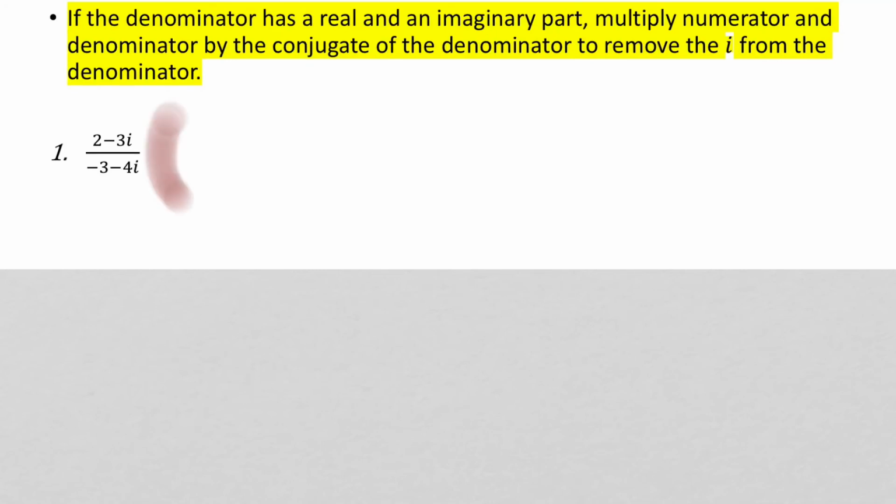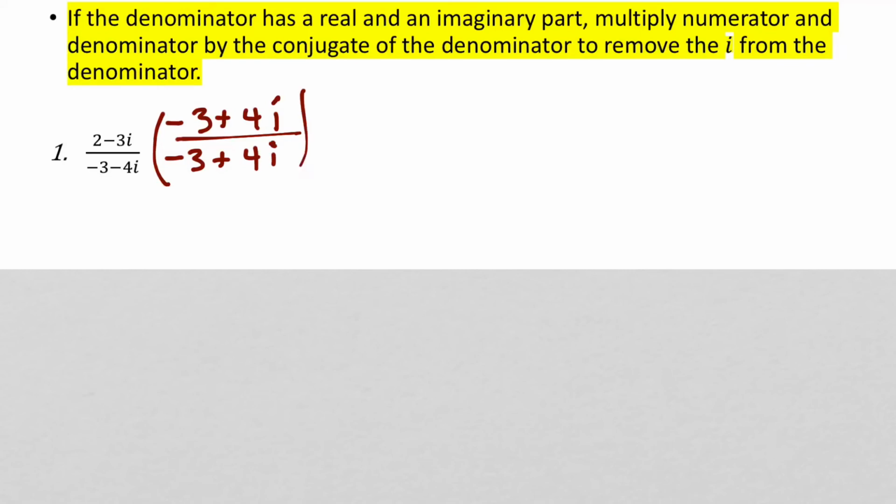I'm going to multiply by the conjugate of the denominator, so that would be minus 3 plus 4i over minus 3 plus 4i. So we're multiplying by 1. Whenever the numerator and the denominator are the same value, that fraction is equal to 1, which won't change my original fraction. So that has to be the same, top, bottom.